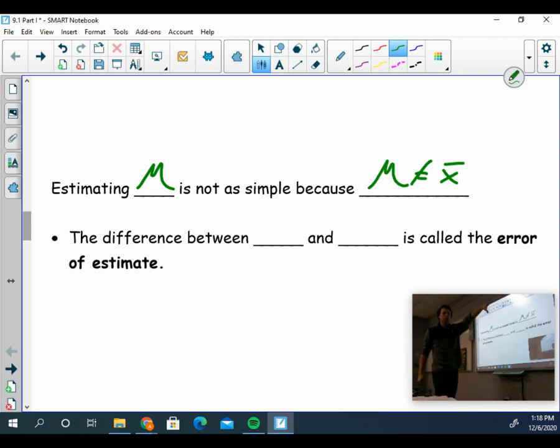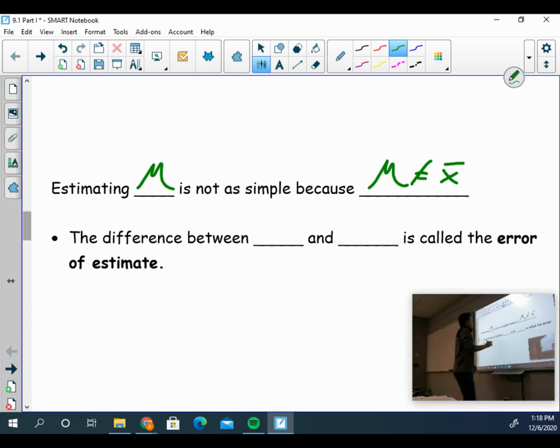While for a roughly normal distribution with a sample size greater than 30, we could say the population standard deviation equals the sample standard deviation, it's not the same case for the population mean and the sample mean.